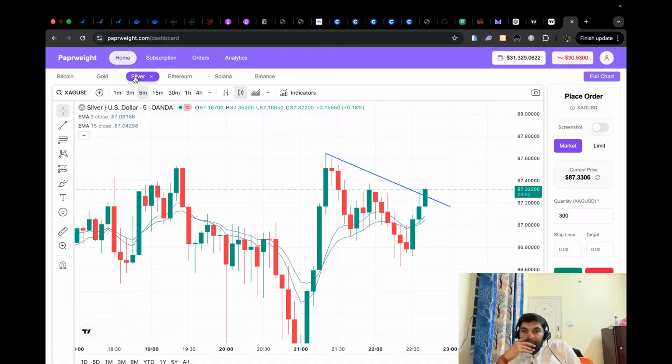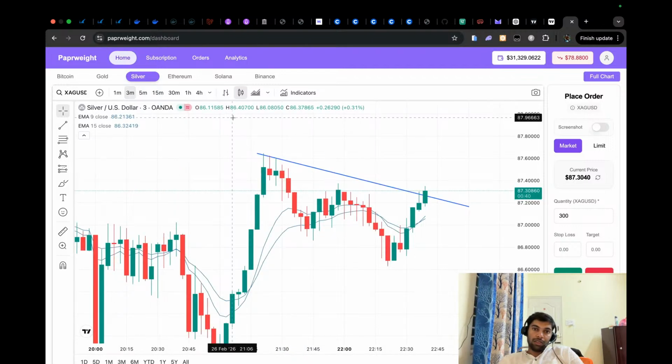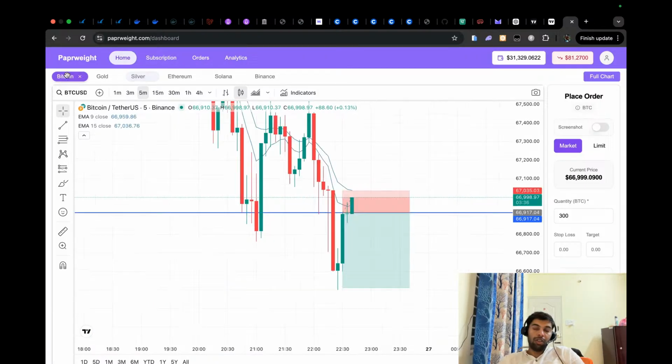There is a trade that I can see in the silver side, and that too in the selling side. So as soon as I find the selling setup, we'll punch the trade. Although my Bitcoin trade is not working well.